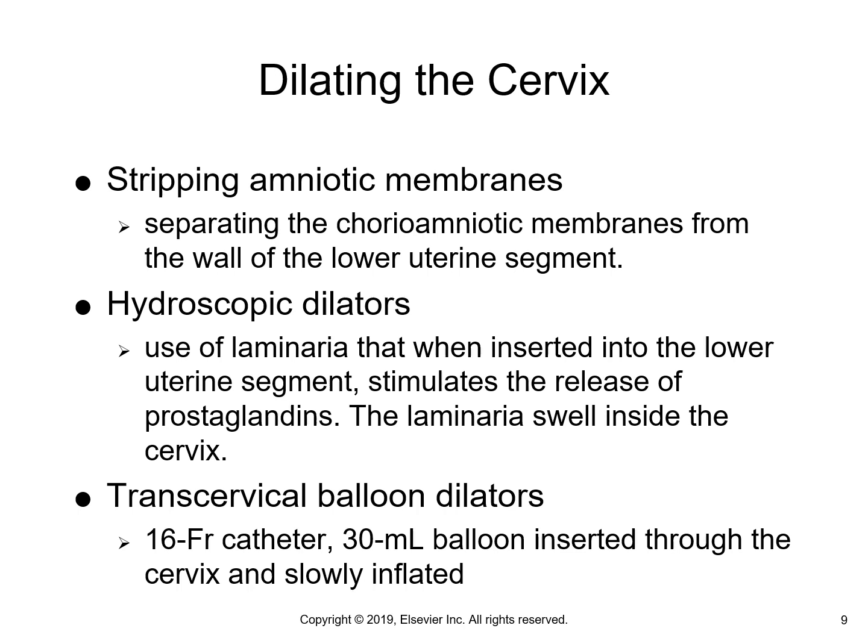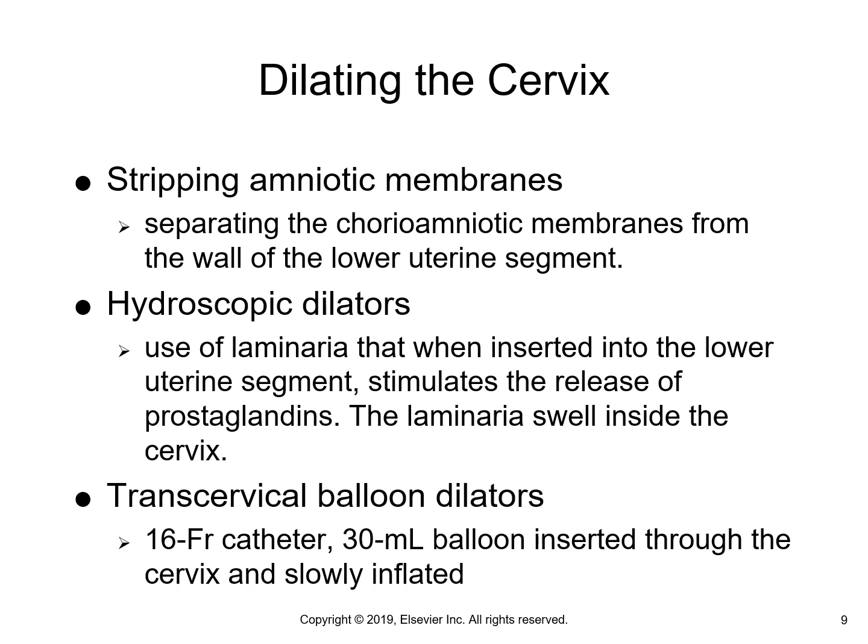Okay, other mechanical methods that can help with induction of labor. This time is to dilate the cervix. One is stripping of the amniotic membranes. The goal is to separate the chorioamniotic membranes from the wall of the lower uterine segment.